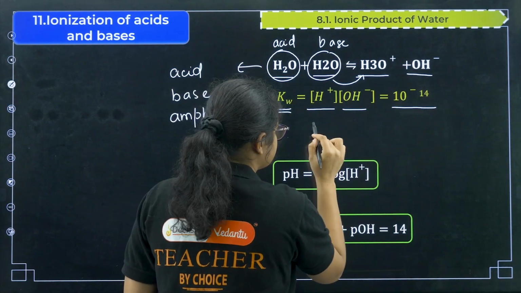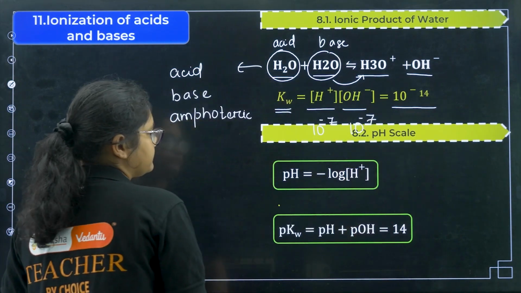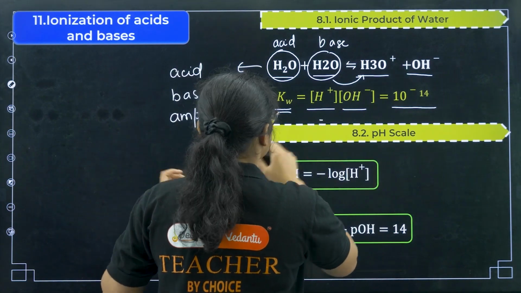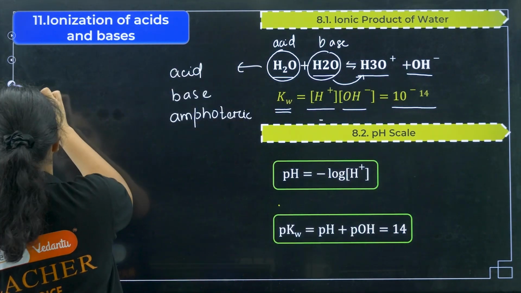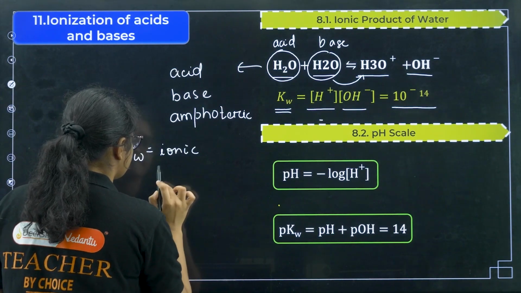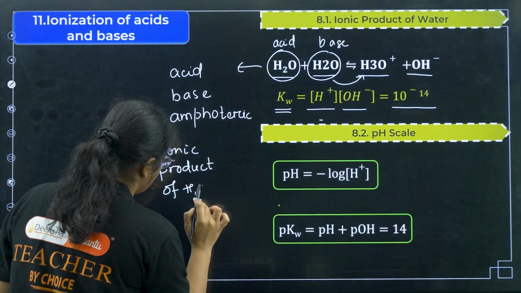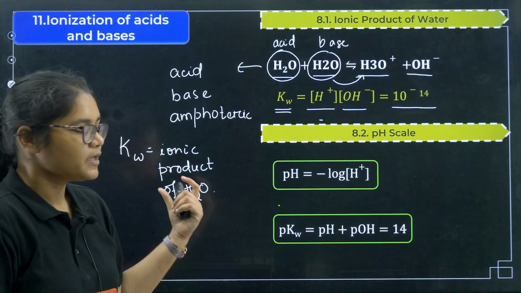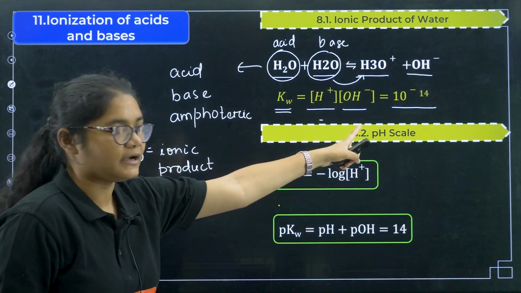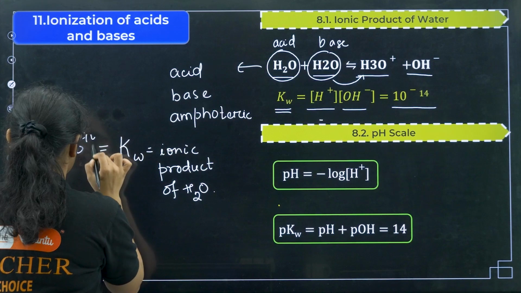So H plus is 10 to the power of minus 7, OH minus is also 10 to the power of minus 7, and the product comes out to be 10 to the power of minus 14. Clear?